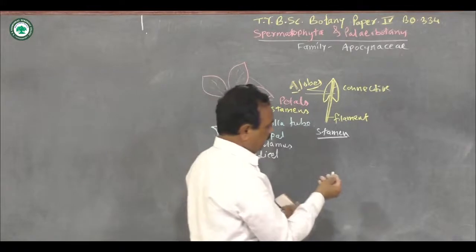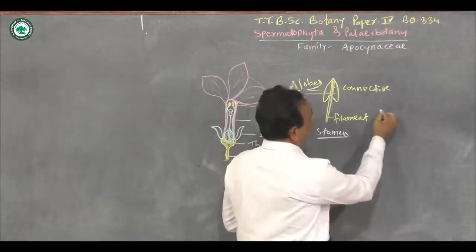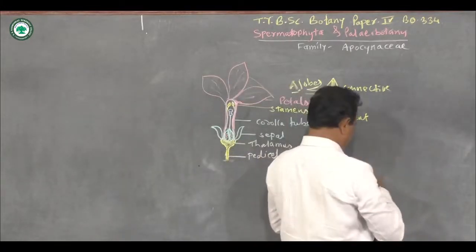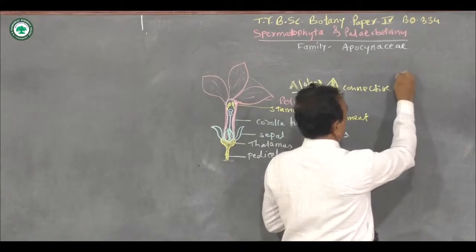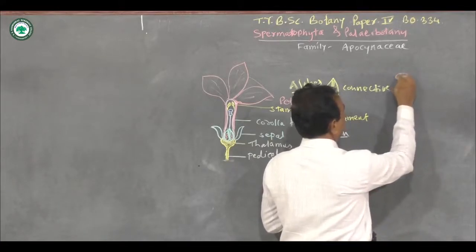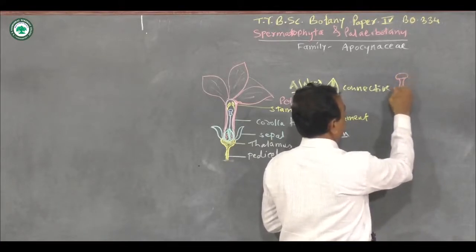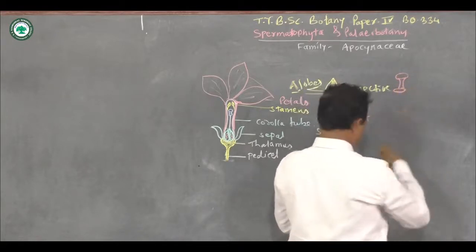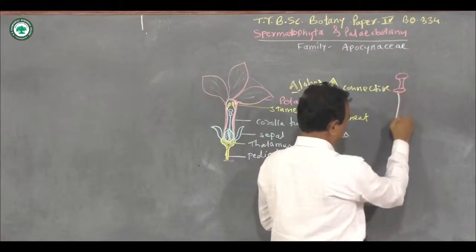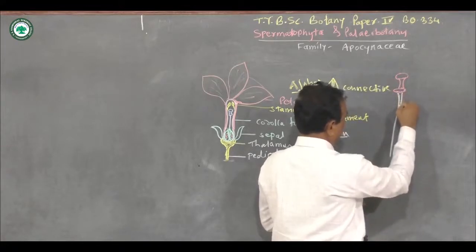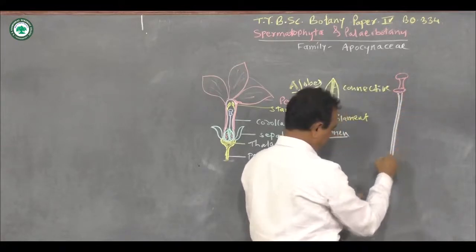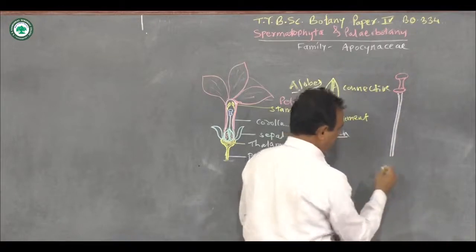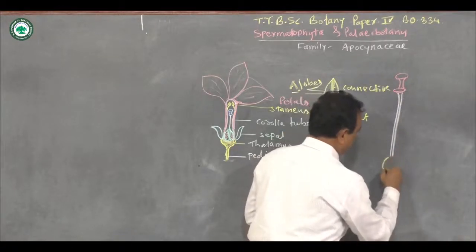So if we enlarge here the gynoecium, here there is the presence of the dumbbell shaped stigma. So this is the dumbbell shaped stigma. This is the style. And here below it there is a presence of the ovaries.